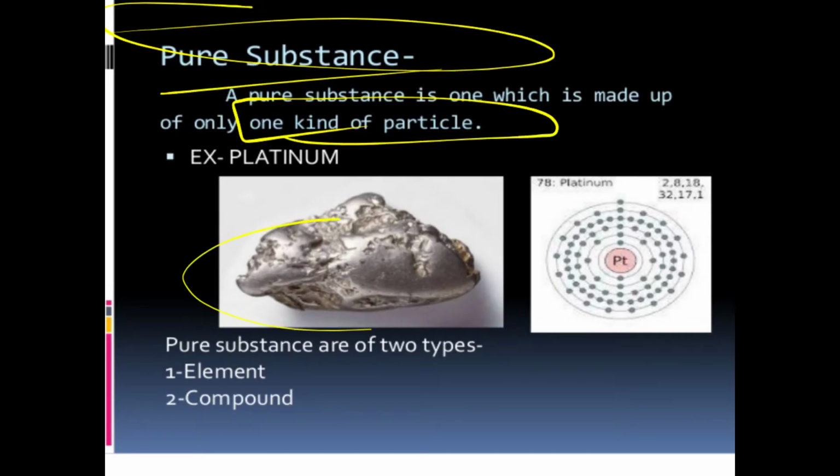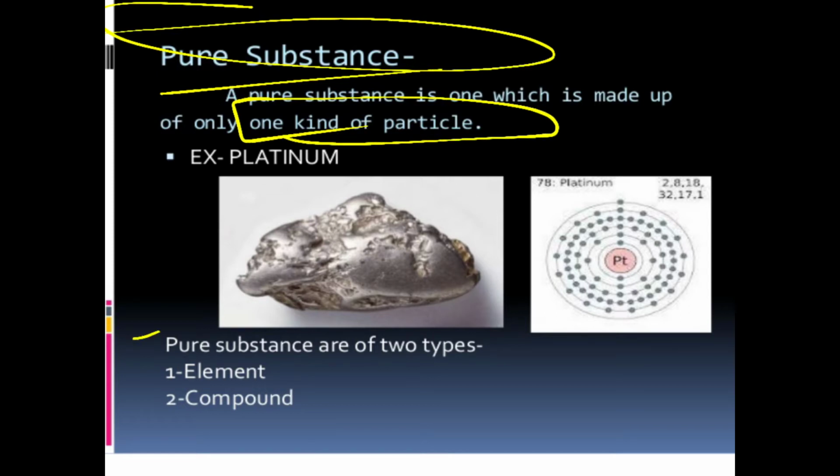For example, platinum. Platinum is made up of only platinum, not of any other. Neither iron nor cobalt is mixed in platinum.